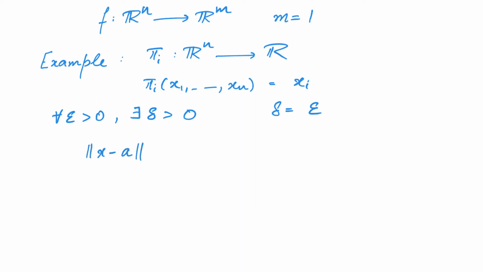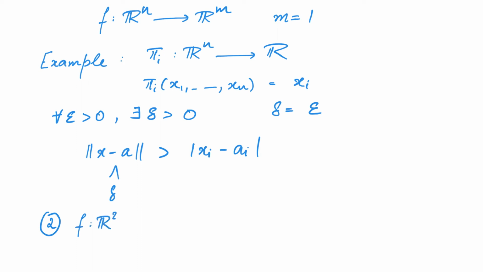Because notice that norm of pi i of x minus pi i of a is equal to mod of xi minus ai. And we know that norm of x minus a is greater than or equal to mod of xi minus ai. So if norm of x minus a is less than delta, then mod of xi minus ai is also less than delta. Thus we can take delta and epsilon to be equal.